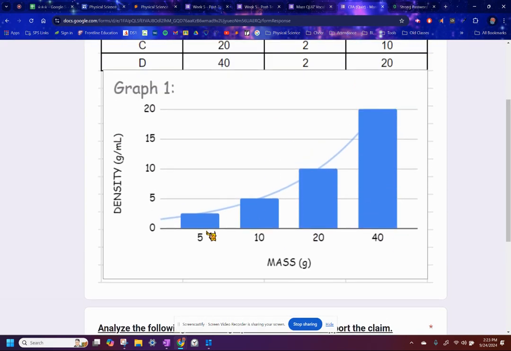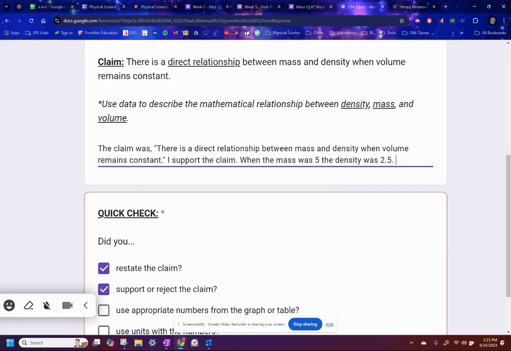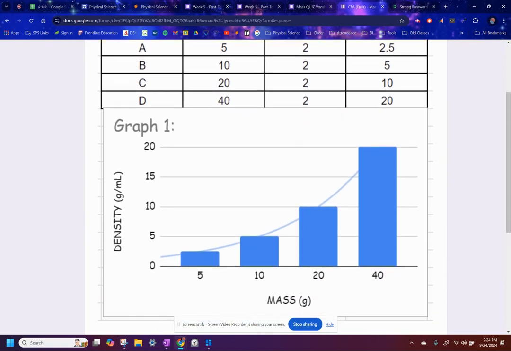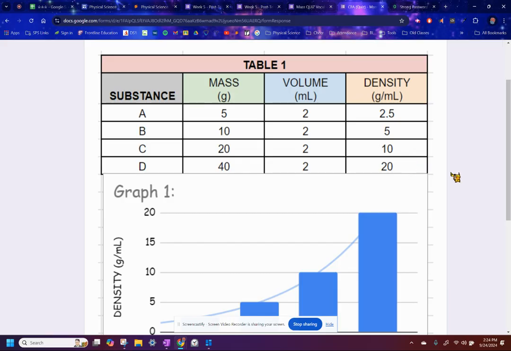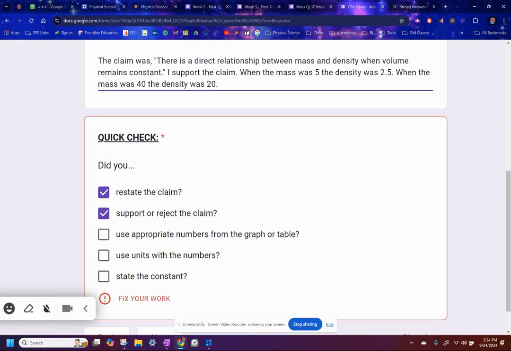Compare it to each other. Let's do another one. When the mass was 40, the density was 20. I believe that's right. Mass 40, density 20. So what else do I need? Let's see here. Oh, units with the numbers.